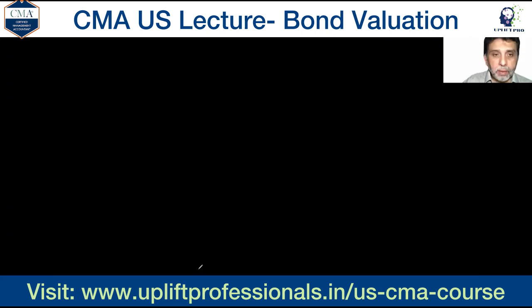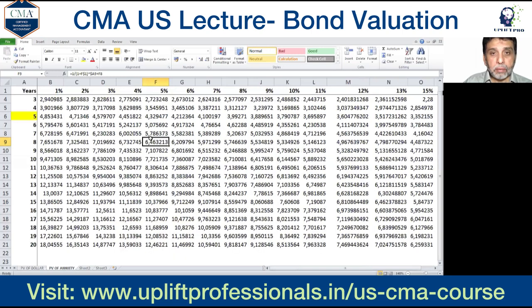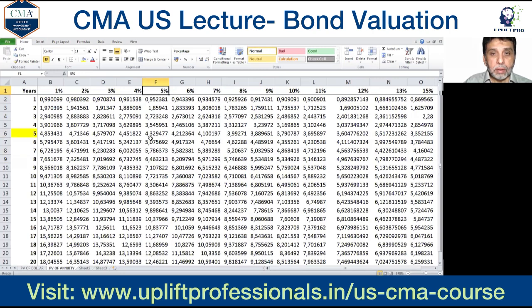Now, this is the present value table, which I have made on Excel. But this is for a dollar. Now I need it for an annuity, which I have here. What should I see?